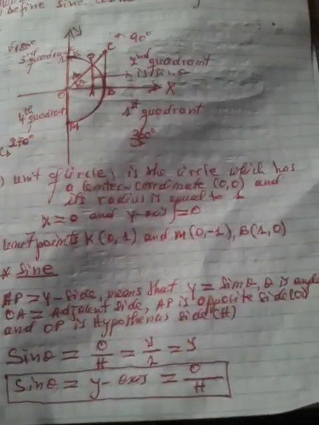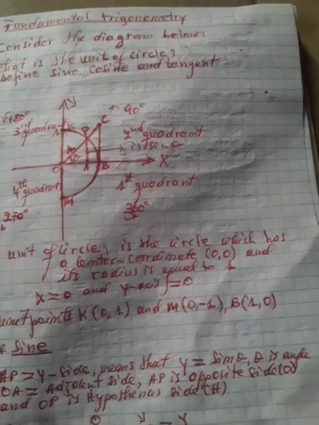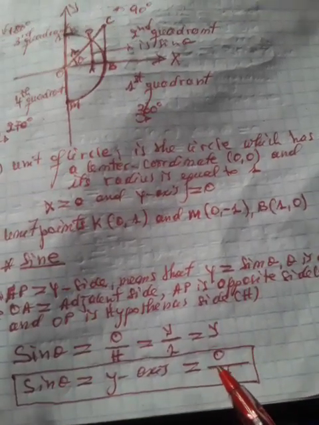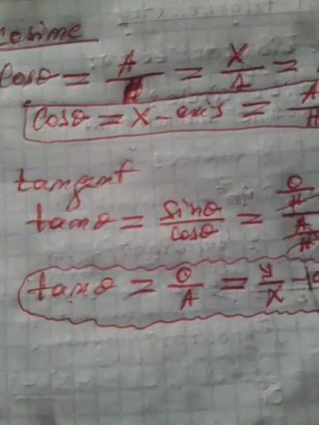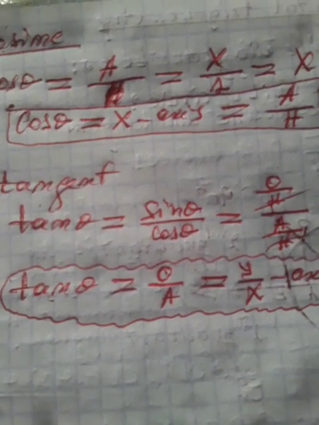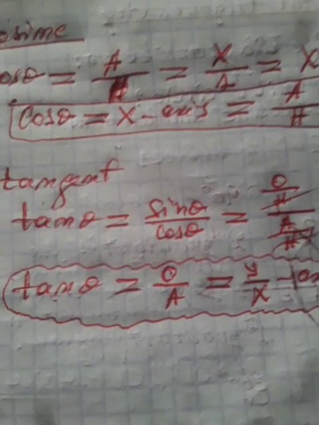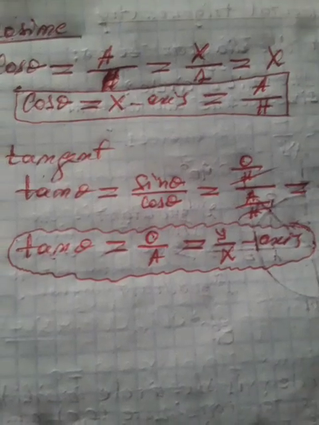These are all demonstrated here. They are the answers we get for our question. Sin theta is equal to the y-axis and is equal to opposite over hypotenuse. Cosine theta is equal to the x-axis and is equal to adjacent side over hypotenuse side.